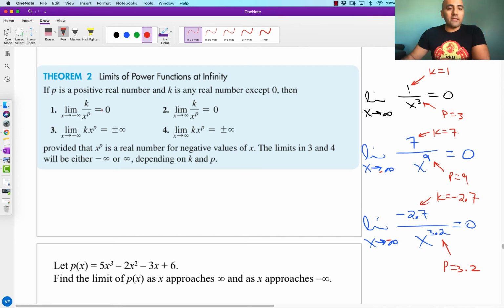Notice that in both cases, the numerator stays constant. It's just going to be some number, some constant value k. It's the denominator that's getting arbitrarily large. It might be becoming a very large positive number or a very large negative number. Either way, the whole fraction turns into 0, right?